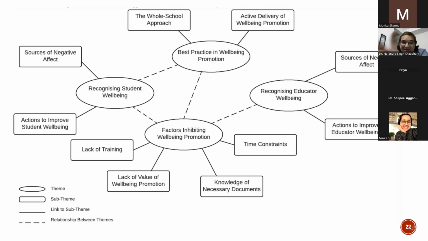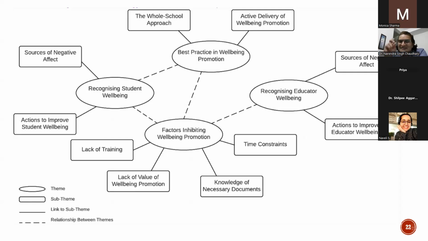I'm talking about the major themes that you can see in this particular diagram. Okay. Major themes: factors inhibiting well-being promotion, right? Second, recognizing student well-being, right? Then best practice in student well-being. Right? And recognizing adequate well-being, right? Four major themes are there. Correct. Now, are there any sub-themes to it?